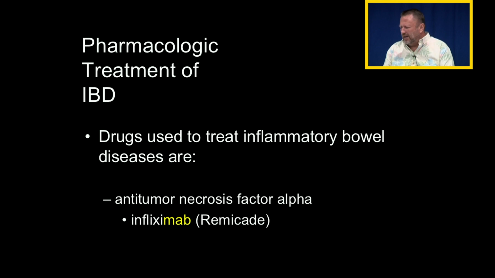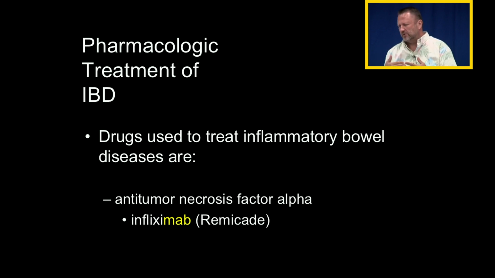All right, and then there's anti-tumor necrosis factor alpha. Your body makes this stuff called tumor necrosis factor, and we're going to talk about this in immunology. Your body has this natural system to destroy tumors. Your body is always making these little cancers, and your immune system is really good at fighting them off and dealing with them before they get out of control. And so your immune system is designed to deal with neoplasms and has this naturally occurring substance called tumor necrosis factor.